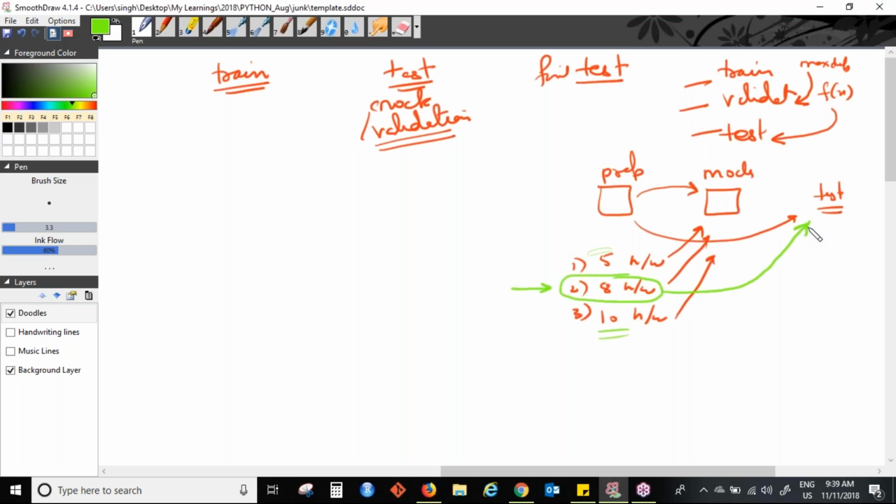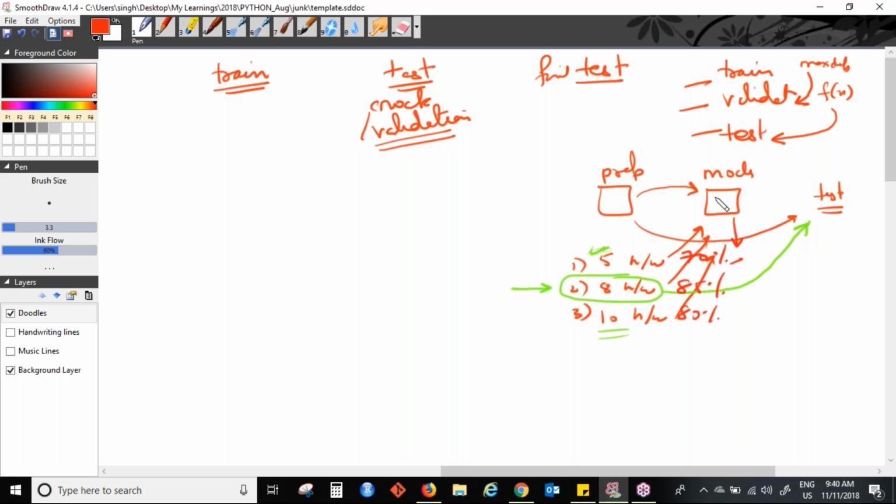You finally go and write the actual test. So here you're not looking at the test data and coming back. You're doing that on the mock test, not on the actual test, right guys? You're only looking at your mock test and trying different strategies. So 5 hours, let's say you are getting 70% marks. 8 hours you are getting 85% marks. 10 hours you are getting 80% marks. So you are only looking at these marks on the mock test, not on the actual test. Actual test you have no idea.